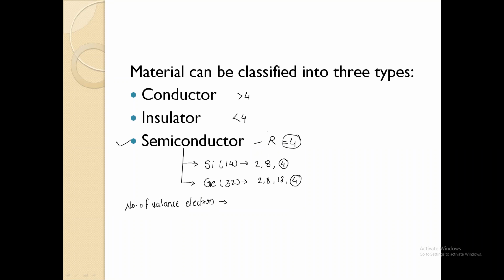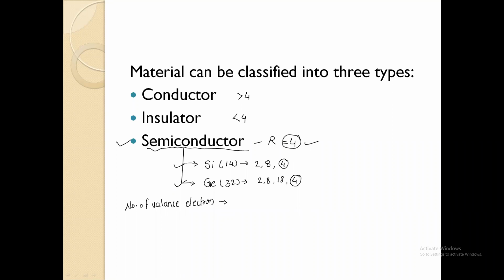So from this slide, just remember that whenever I say semiconductor material, its valence electrons are definitely 4. Out of many semiconductor materials, silicon and germanium are the most widely used in the electronics field, so we will always consider these two.